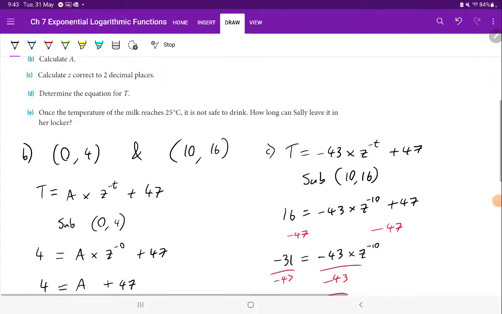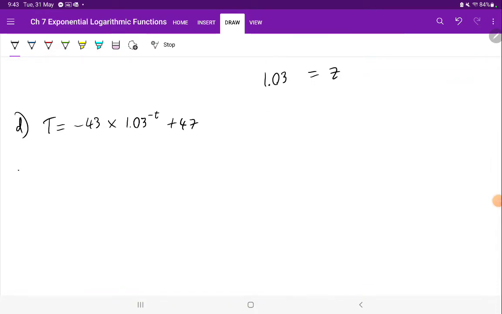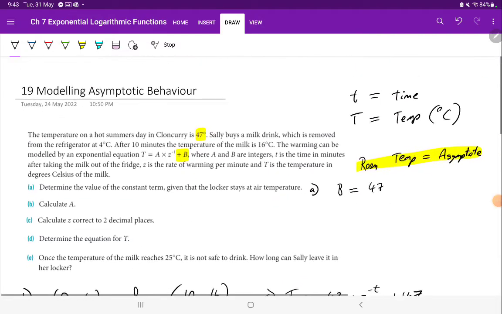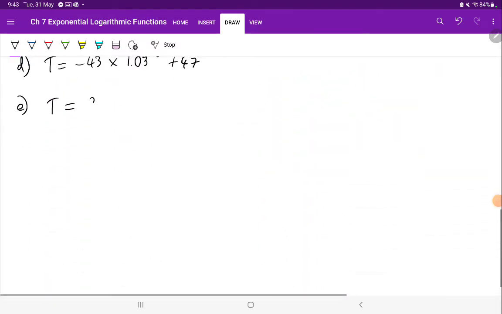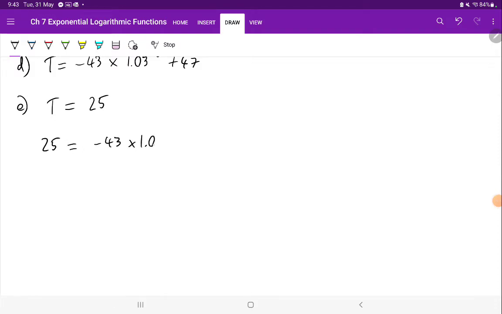Once the temperature of the milk reaches 25 degrees Celsius, it is not safe to drink. How long can Sally leave it in her locker? Well, when is the temperature equal to 25 degrees? So 25 is equal to negative 43 times 1.03 to the negative t plus 47.